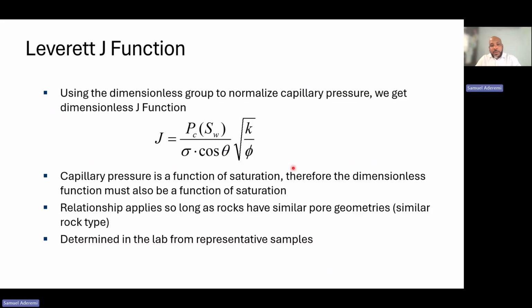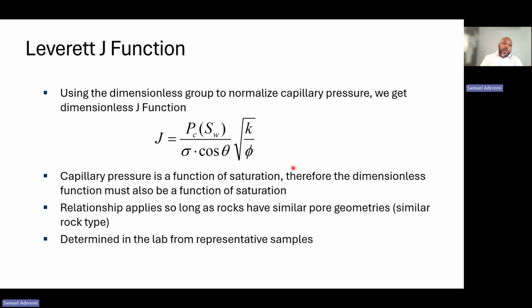Every cell in the model with different porosity and permeability will result in different capillary behavior, right? If the pore geometries are different, we expect different capillary effects. If you have a very thin pore size, the capillary effect will be higher than when you have a very big pore size.